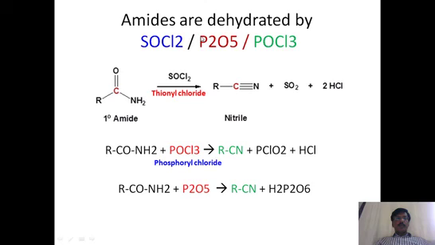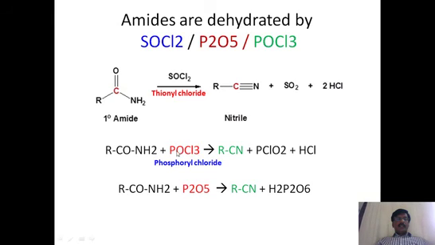These are the three important reagents used to eliminate water from amides. The reaction is like this: RCONH2 on reaction with thionyl chloride gives RC triple bond N, alkyl cyanide, and SO2 and HCl are removed.